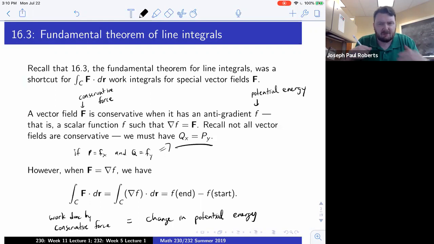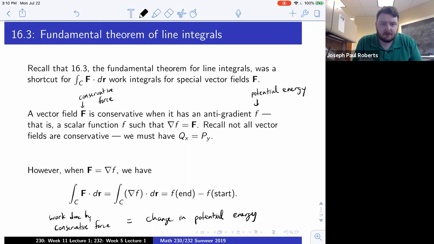And it turns out if everything's continuous everywhere in R2, this statement actually goes both ways. But yeah, think about this partial derivative compatibility condition as a consequence of, or related to, Clairaut's theorem.